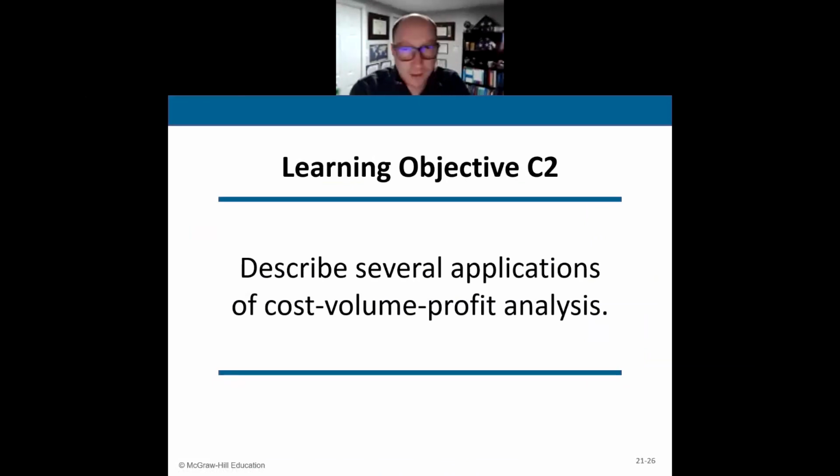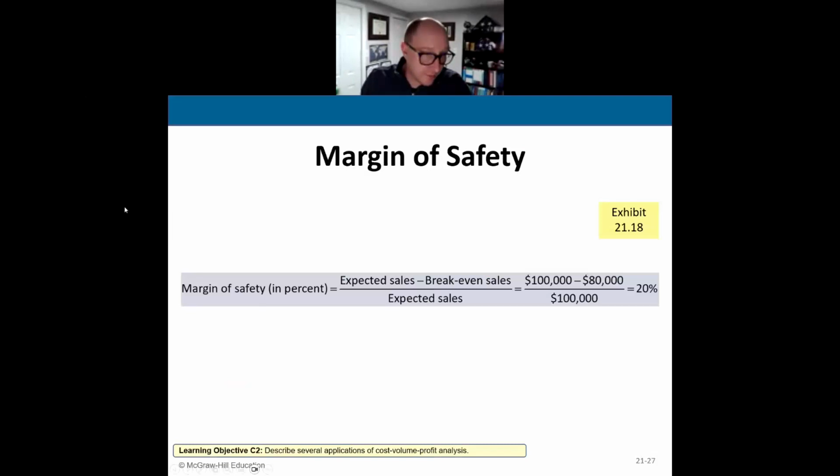So, based off of that, I want to talk to you about a couple of other things. Since you have a pretty basic understanding of cost, volume, profit, from the perspective of break even, I want to talk about this next concept called the margin of safety. Just as the name implies, we're looking for a margin that we feel safe with, feel comfortable with, the margin of safety.